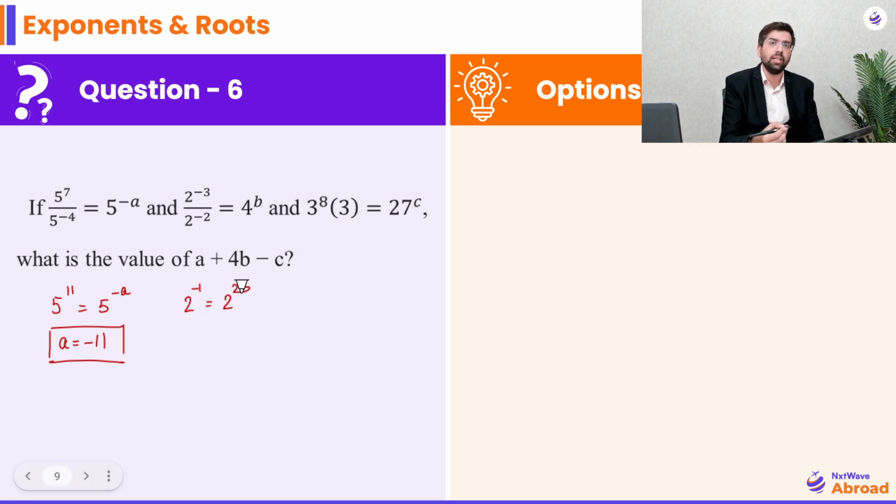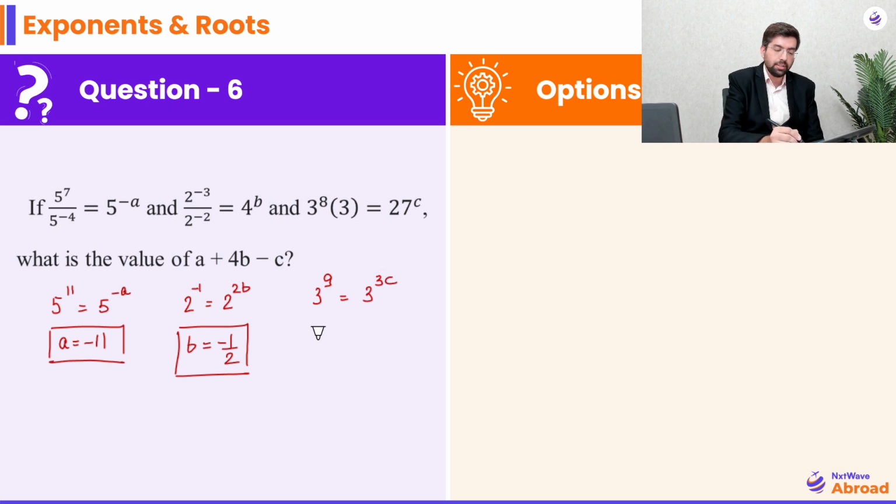I have written 4 as 2 raised to power 2. So that means 2b is equal to minus 1, which gives me b is equal to minus 1 upon 2. So this is your b. And then 3 raised to power 9 is equal to 3 raised to power 3c. I have written 27 as 3 raised to power 3. So that means your c would be equal to 3.